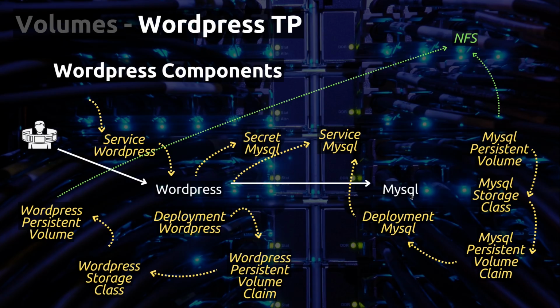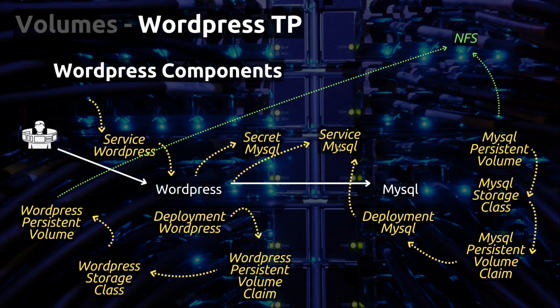And we need to connect to our MySQL, meaning you need to access it. For that, you can use a MySQL service, and since you just need to access MySQL from WordPress, a simple ClusterIP service is totally enough, because for security you don't need to access MySQL from an external access.